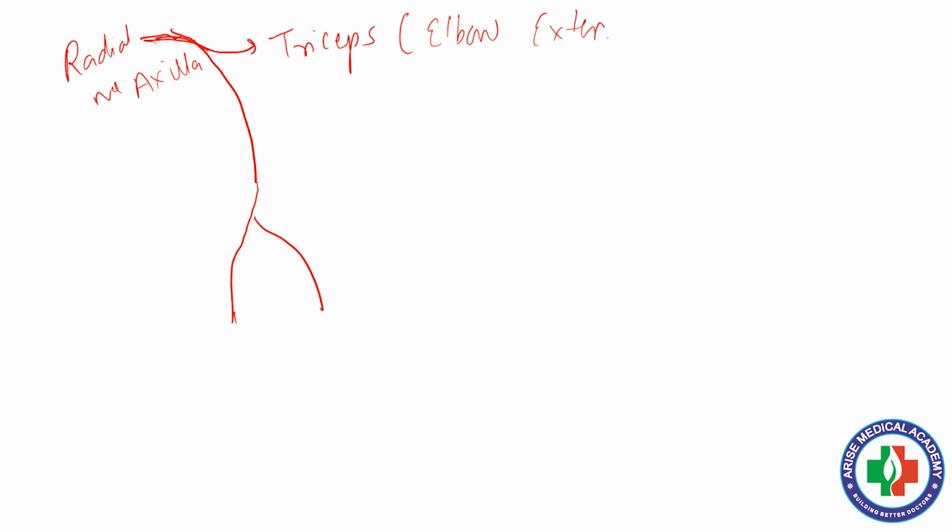Very important, guys. Clinical scenarios are based on the level of injury, so we are trying to understand the level of injuries here. So the radial nerve supplies the triceps when it is still in the axilla, and we all know triceps is responsible for elbow extension.